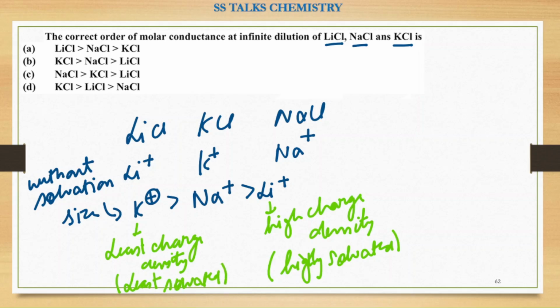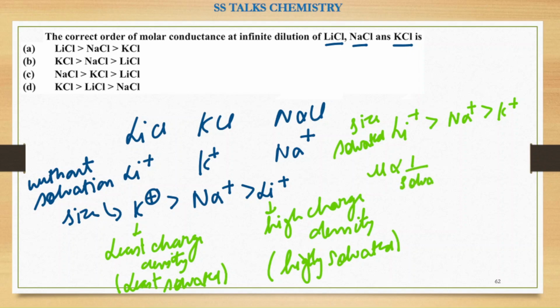For the solvated ions, if you compare the sizes, Li+ is going to have the maximum, followed by Na+ and then K+. This is the size when they are solvated. Now if we compare their mobilities, mobility is inverse of the solvated size.